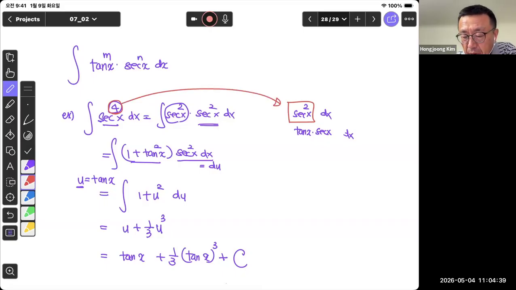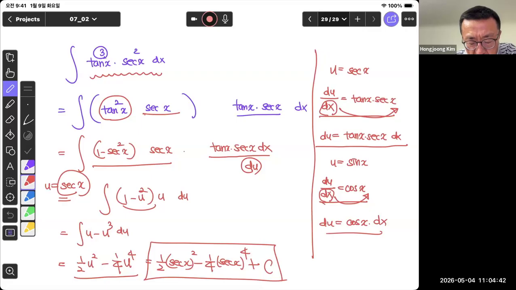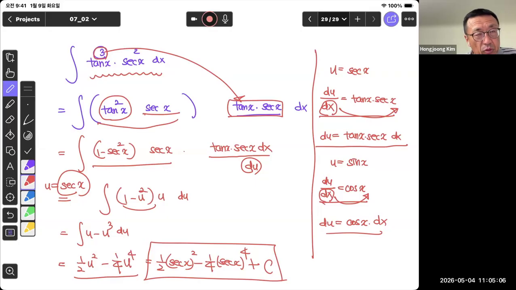If the power of tangent is an odd number, then please save this tangent x secant x as an extra copy. Okay, and then you need to split this integrand as the product of tangent x secant x and the remaining. This remaining will define the antiderivative with new variable u. So that is what is covered in section 2.